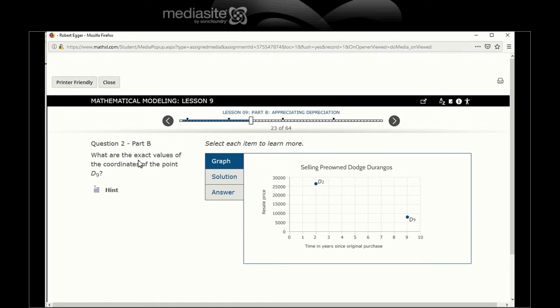What are the exact values of the coordinates of the point D9? Well, D9 I already had earlier. When the x-axis, or t, is 9, the price, or p or y, would be 8,350.